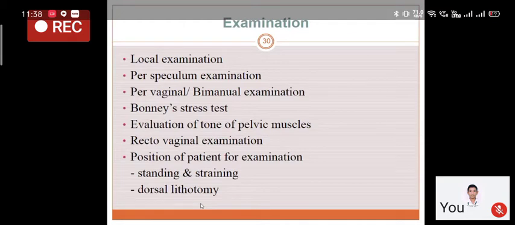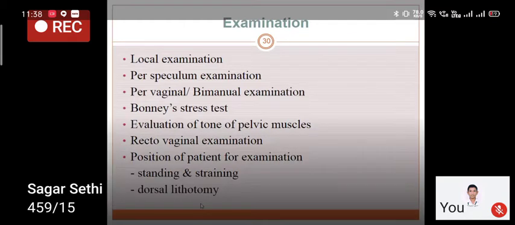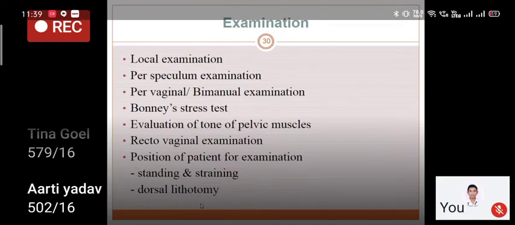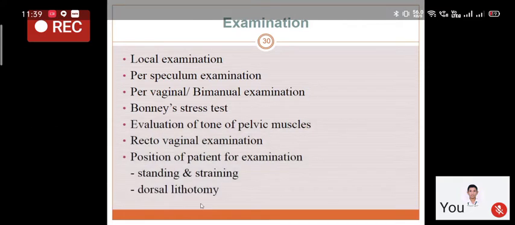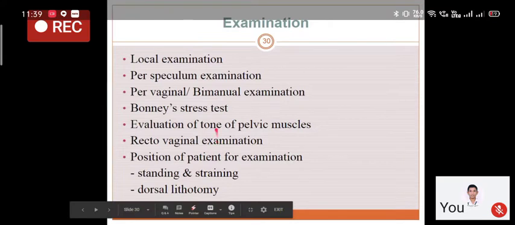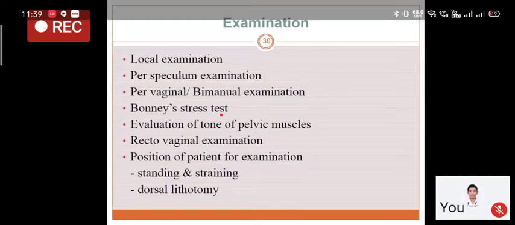Then for stress urinary incontinence, you may have it if there is a problem with the urethrovesical junction. Then you have to assess the stress urinary incontinence in terms of the Bonney stress test. Here you apply pressure with your two fingers on both sides of the urethra, and ask the patient to cough.